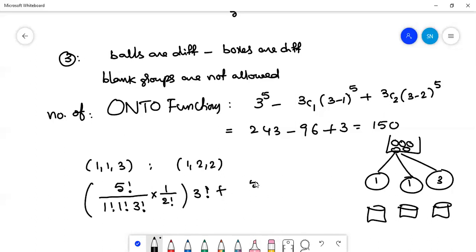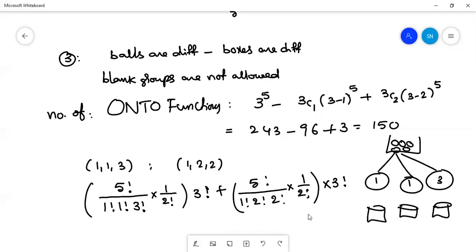So again, coming back to the second case, 5 factorial by 1 factorial, 2 factorial, 2 factorial into, here also 2 groups have an equal number of elements. So that's why 1 by 2 factorial grouping is done. Then arrangement, again it comes under 3 factorial.